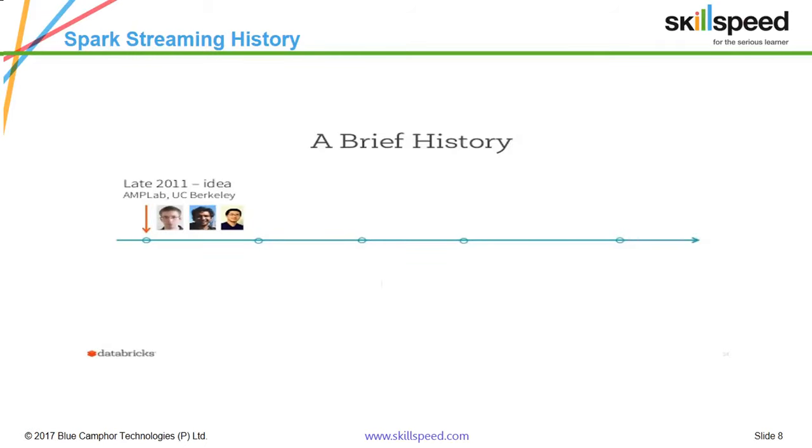Now let's have a quick look at the history of Spark Streaming. We are all aware that in 2011, at the AMPLab in Berkeley, the idea of Spark was created. In the second quarter of 2012, we got the prototype with Spark Core, where it was running small jobs.